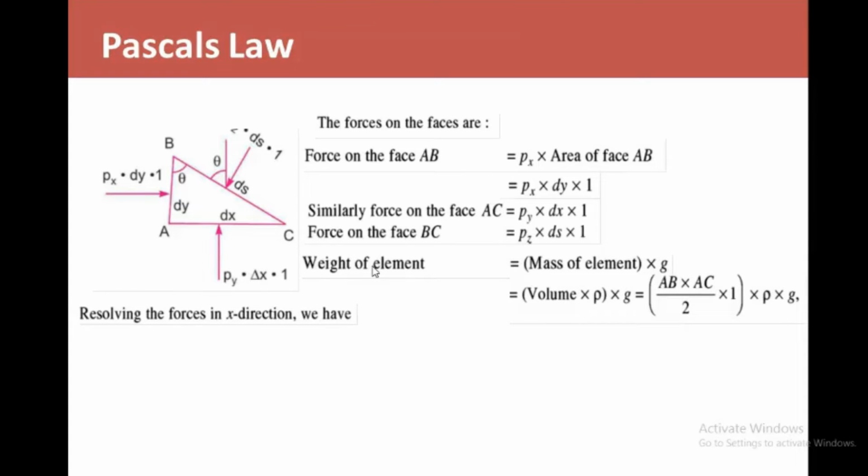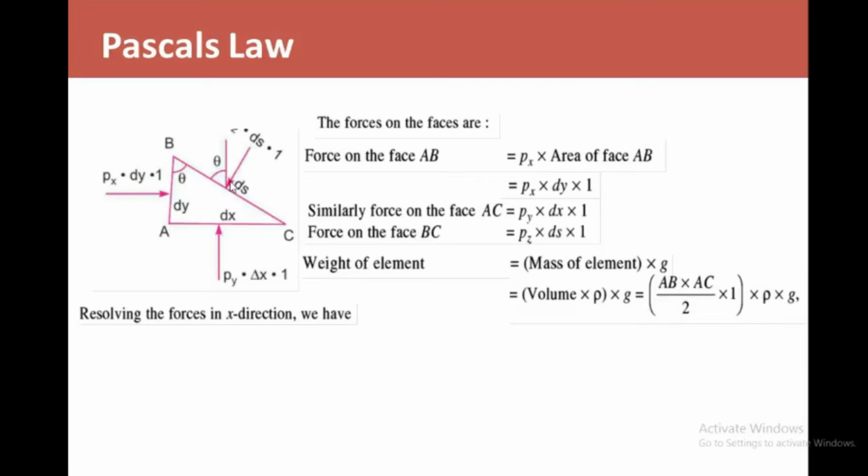Now we will resolve these forces in x and y direction respectively. First of all we will resolve these forces in x direction. Which force is acting in x direction? First of all this force is acting, so px into dy into 1. After that, py into dx into 1 is in the y direction, so we will not take it. After that, suppose this angle is theta.